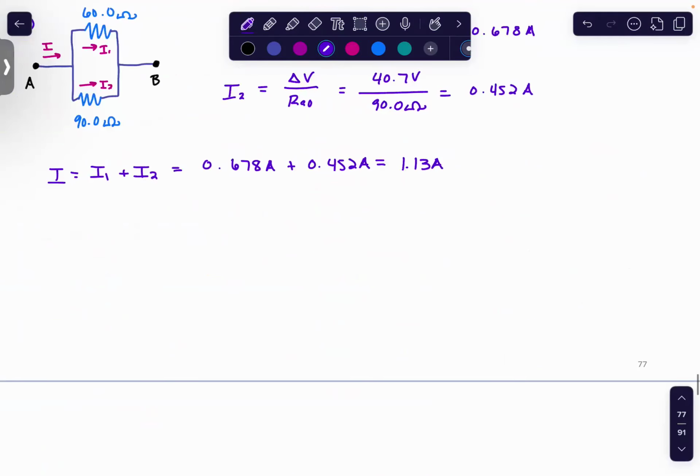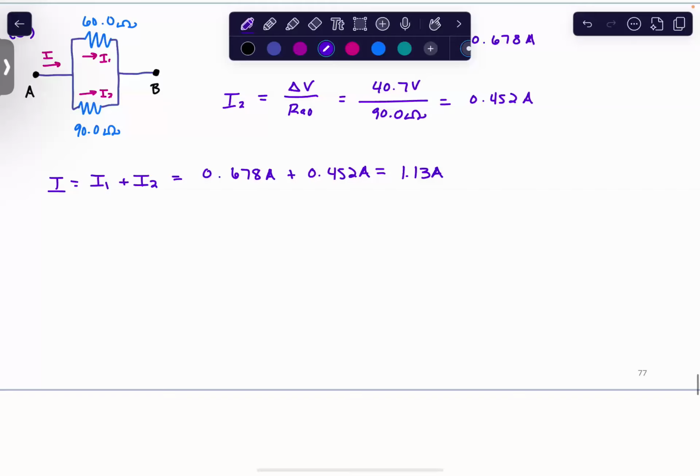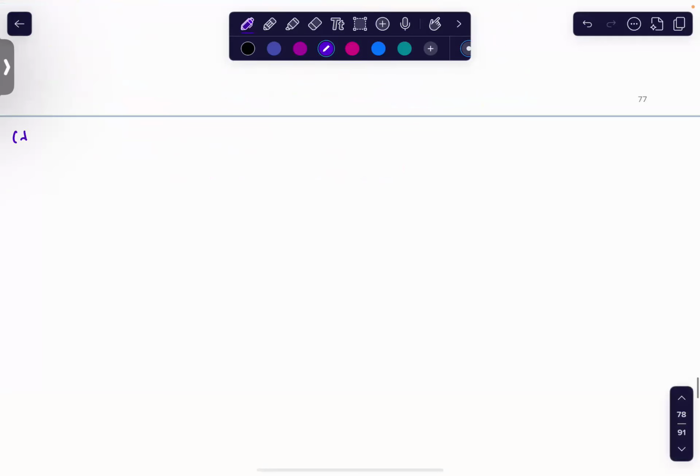So we're going to go with part D. So essentially we're going across the top of that loop, and we have those two resistors. What's the equation for power in a circuit?